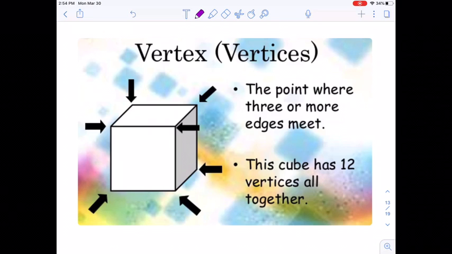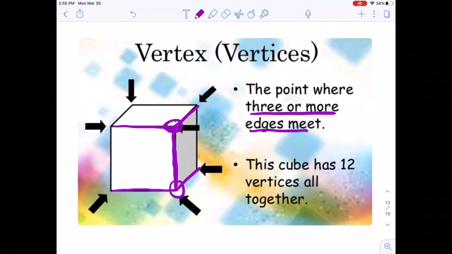So a vertex is where three or more edges meet. So this is a vertex because look, 1, 2, 3 edges meet right here, and that's called a vertex. Look, here's another one because 1, 2, 3 edges meet right here. That's called a vertex.